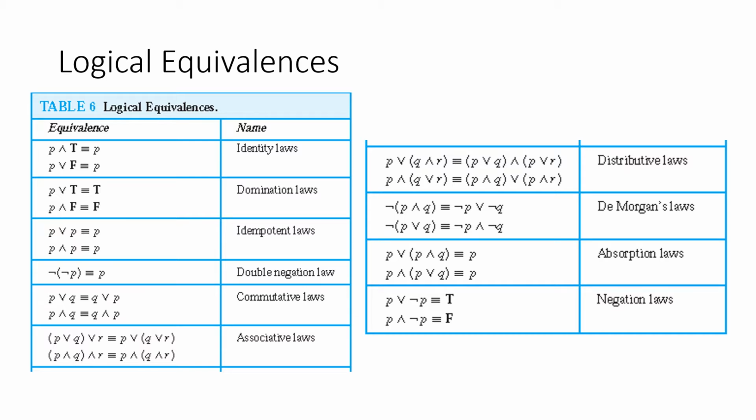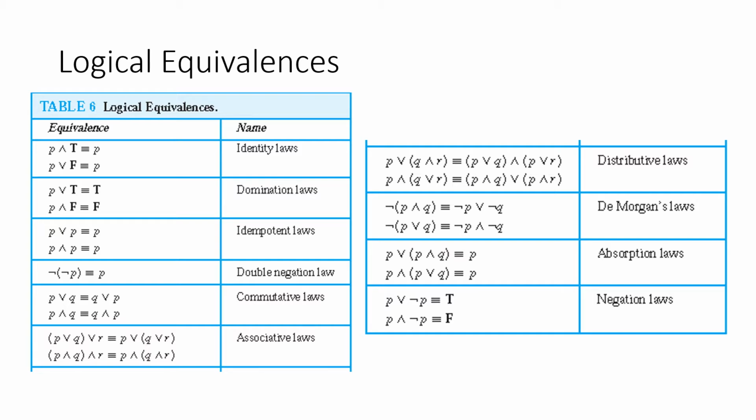The negation of the quantity P and Q is equivalent to the negation of P or the negation of Q. Then the negation of the quantity P or Q is equivalent to the negation of P and the negation of Q.